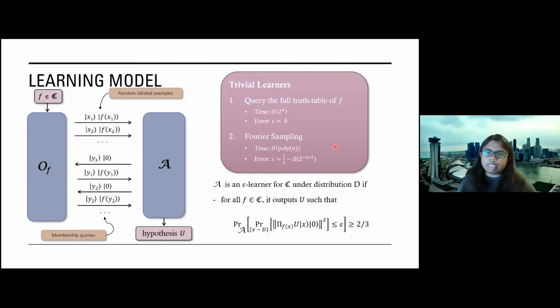Because with probability f hat of s squared, I'm going to get some s. Okay, and so you're learning the Fourier coefficients, you mean? Yes, you learn one of the Fourier coefficients, and the answer that I will output is that with probability half, I either output -1 to the x dot s, or I output -1 to the x dot s plus 1. And that is going to be my answer for this hypothesis.